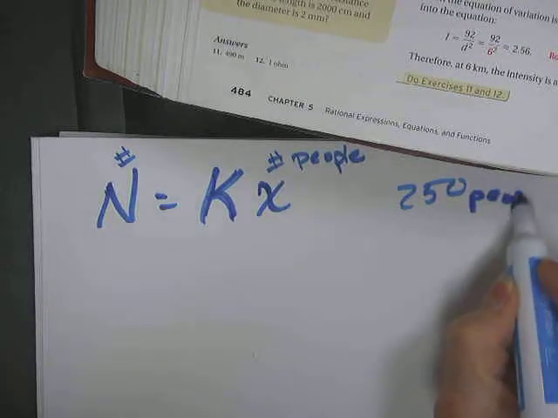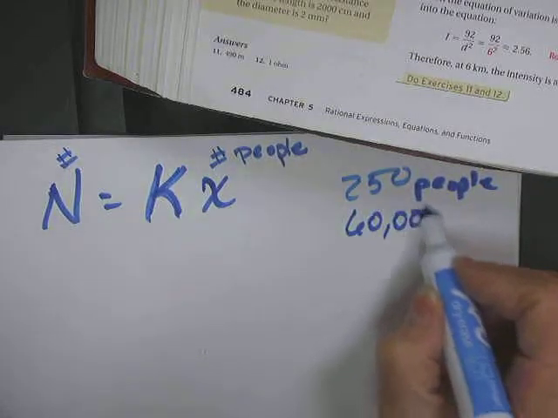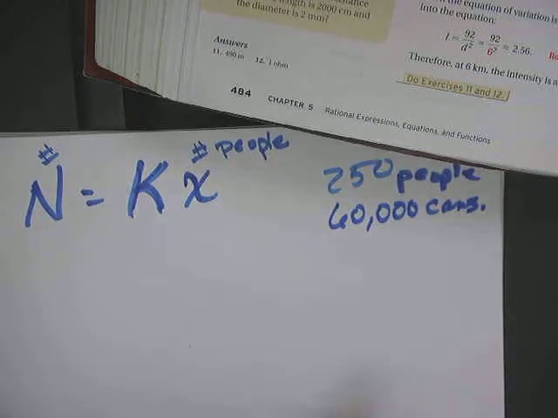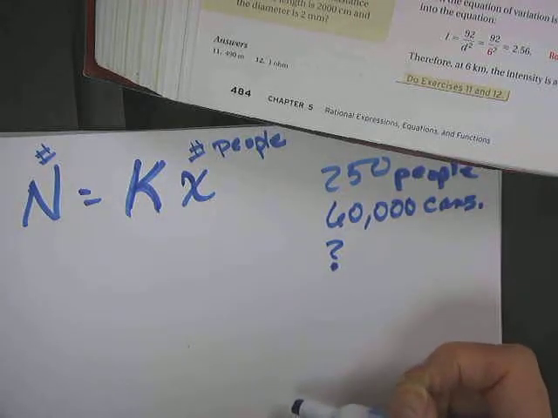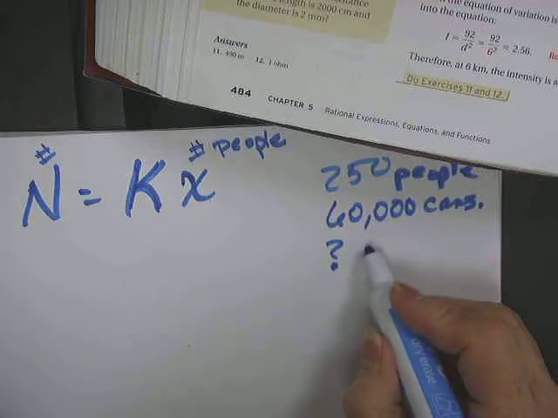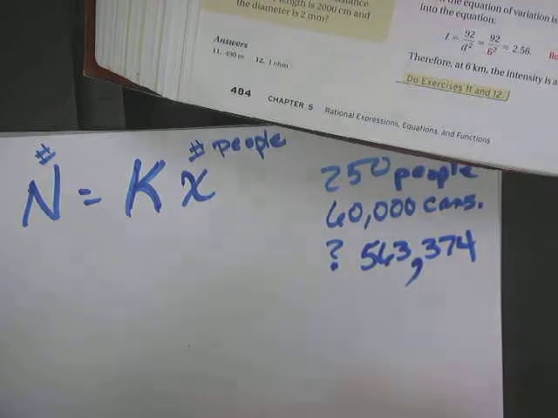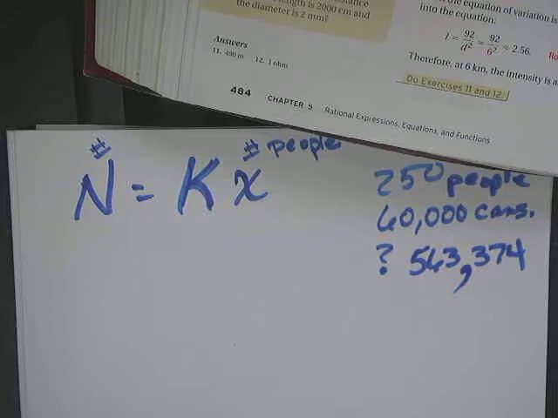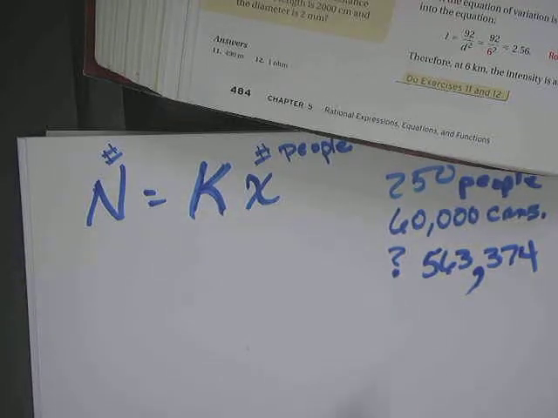It said that 250 people use 60,000 cans in a year. So how many cans are used in Seattle, which has a population of 563,374? I guess we don't really need the constant of variation, did it ask for it?